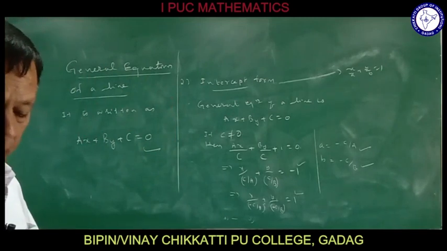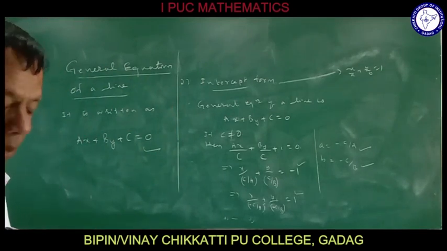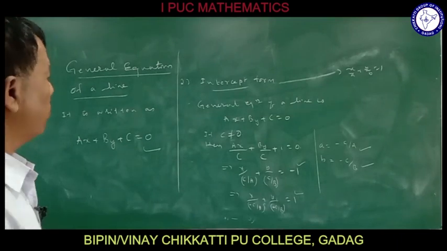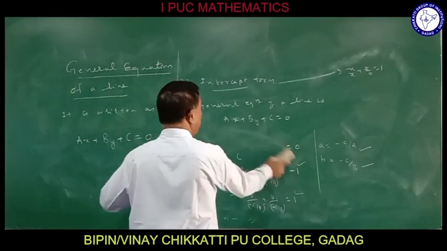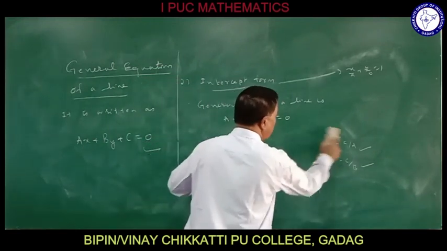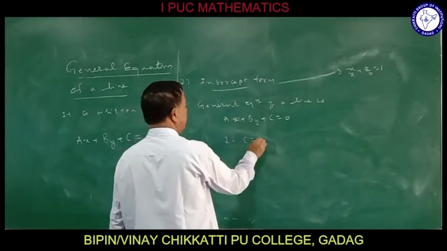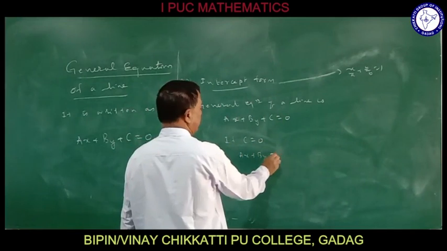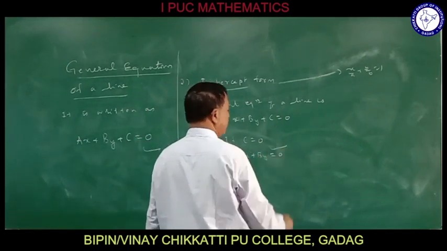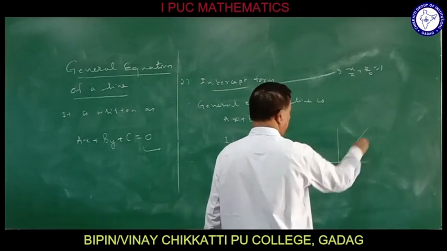Now here you have to see, if c is not equal to 0 we have done that, but if c equal to 0, what happens? That is also a point to be discussed. If c equal to 0, ax plus by is equal to 0, and this is the equation of a line passing through the origin.